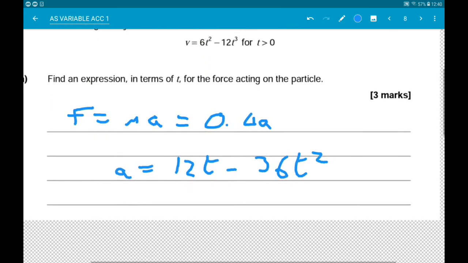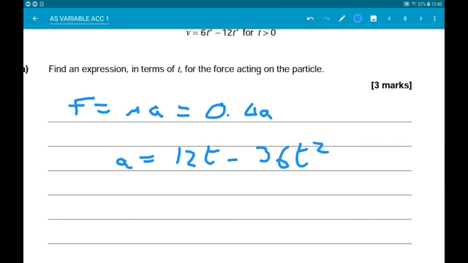So force is 0.4 times that, which is 4.8t minus 14.4t squared.